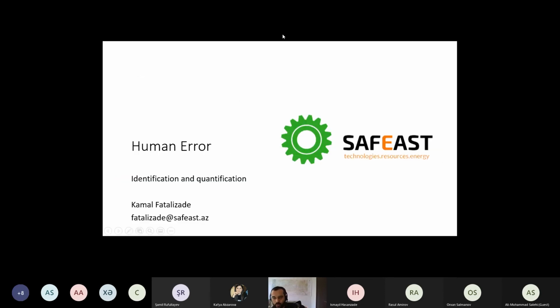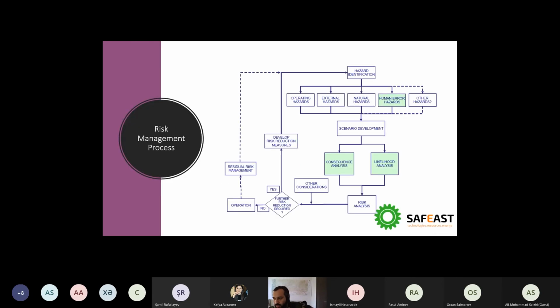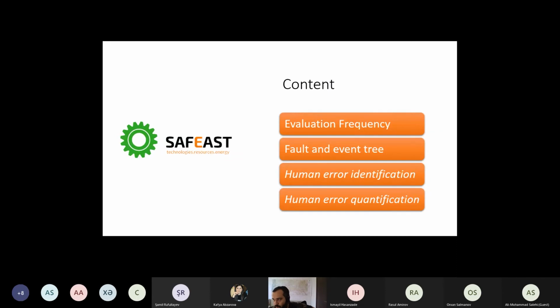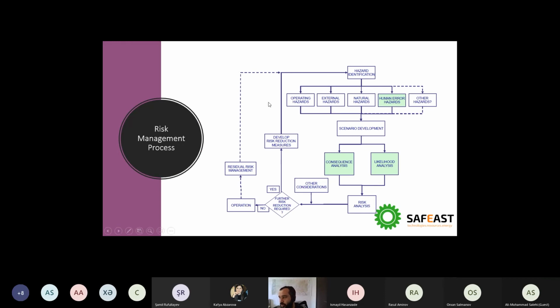If there are no more questions, moving on to human error, and I will try to finish this in maximum 20 minutes. We already talked about evaluation of the frequency and fault and event trees, but if you look at our overall risk management process, you may realize that one of the hazards is actually human error.